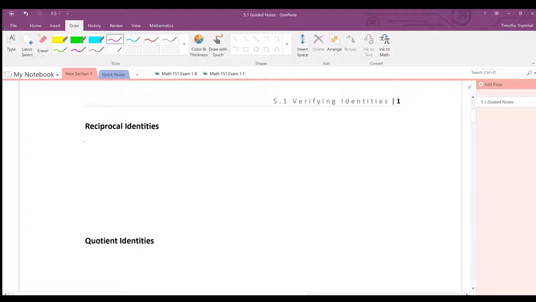Reciprocal identities. So we know that secant of theta is equal to 1 over cosine theta. And equivalently, we know cosine of theta is equal to 1 over secant of theta.